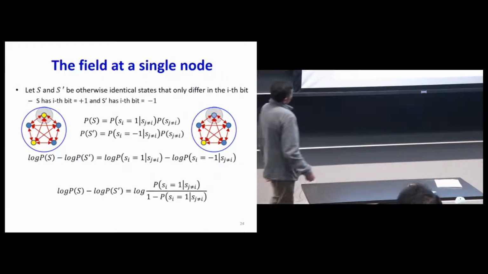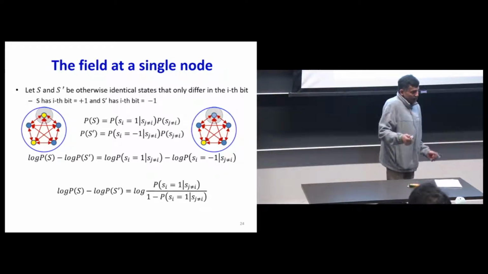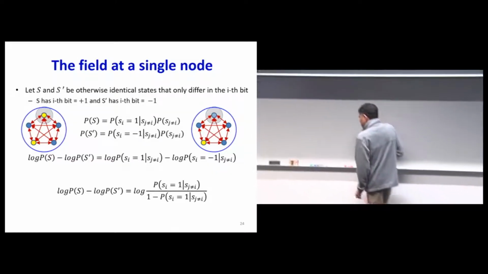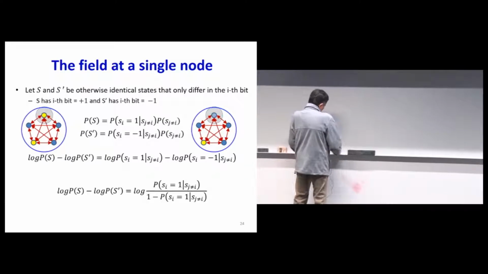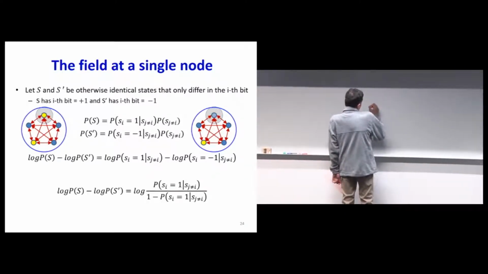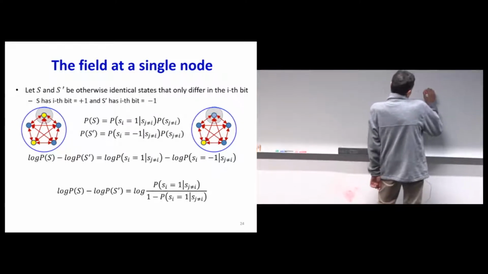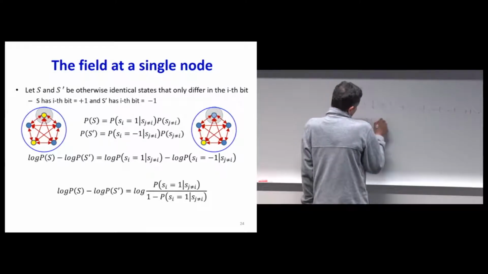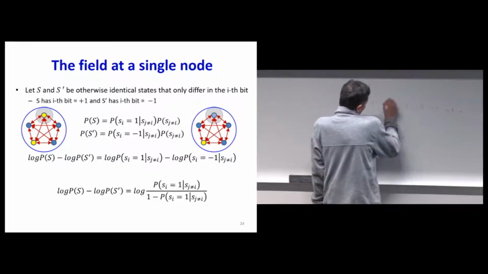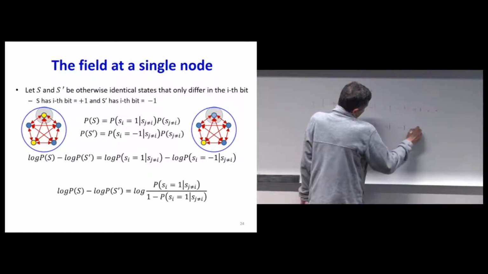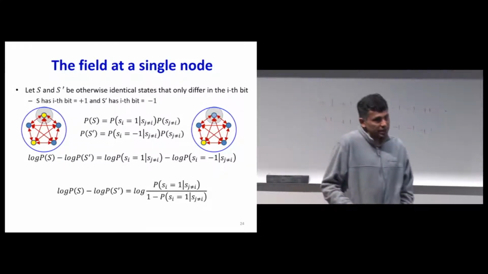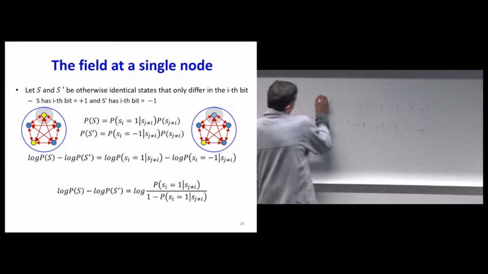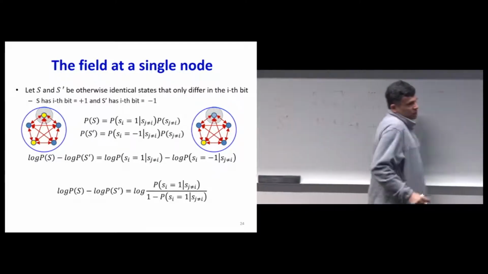If the two variants of the pattern are, one is +1 +1 +1 -1 -1 -1 +1, whatever, the other one is going to be exactly the same thing, except that one specific bit will be different and everything else is the same. So we are looking at two variants. This is S, this is S prime, right? You have all of these bits which are common to both.